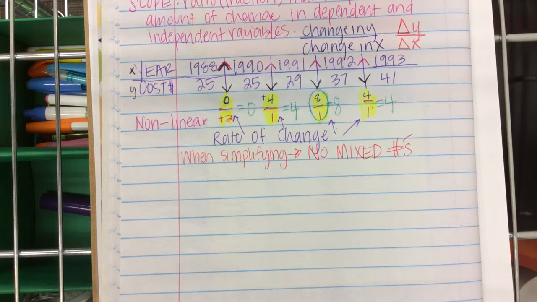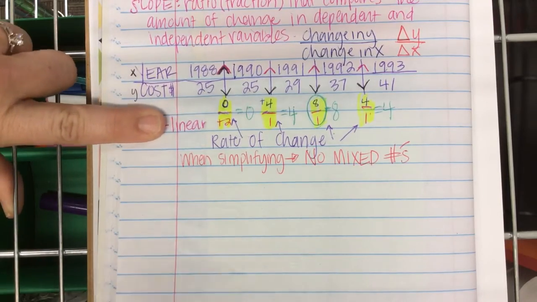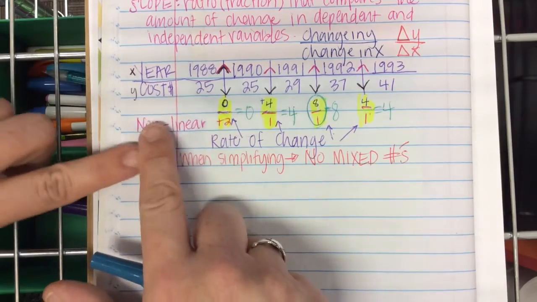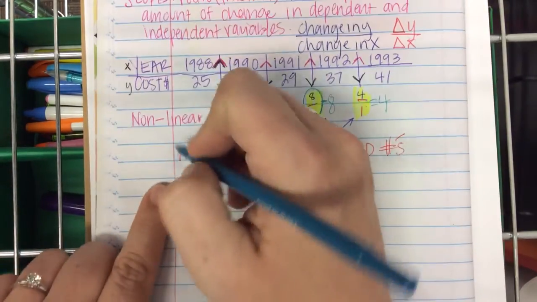So if you're given a table, you can find the rate of change. You can also determine if there's a slope, because if it's linear, they're all the same. It's called a slope. If it's nonlinear, it's called a rate of change. So let's do that.